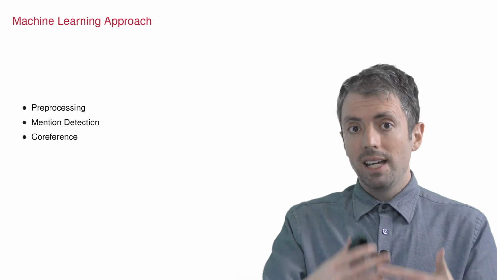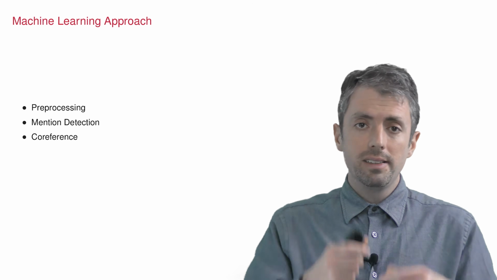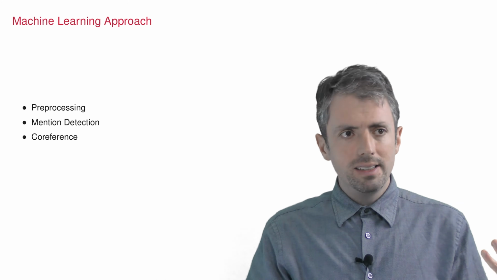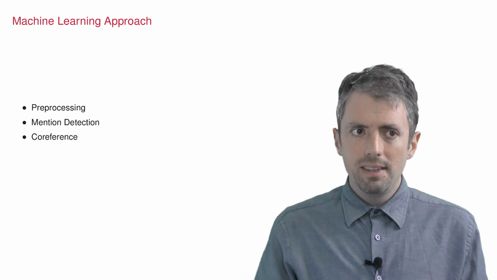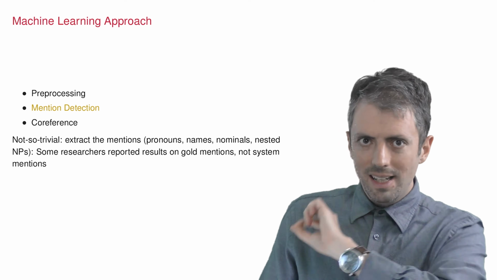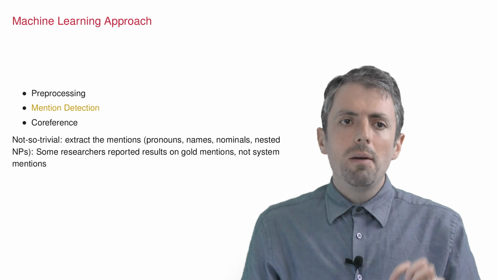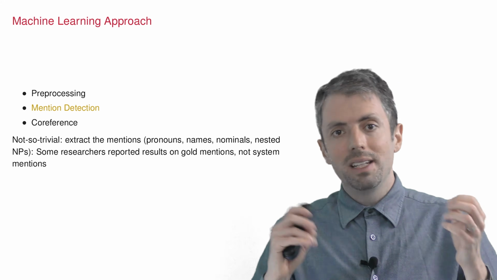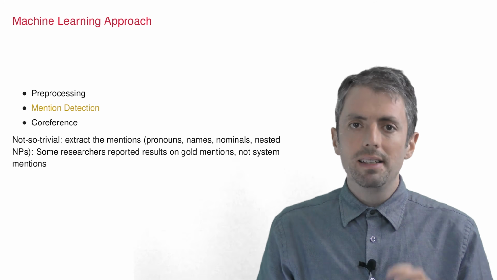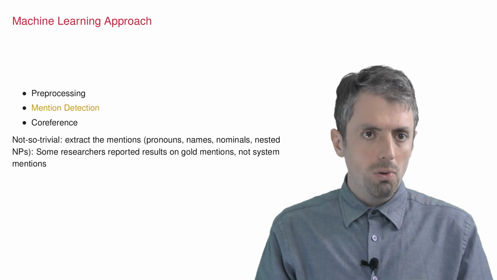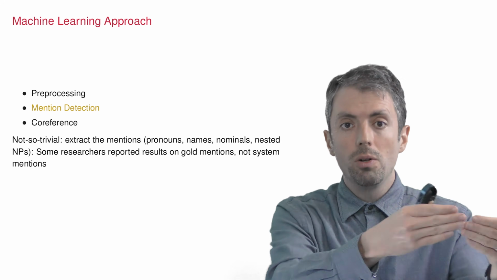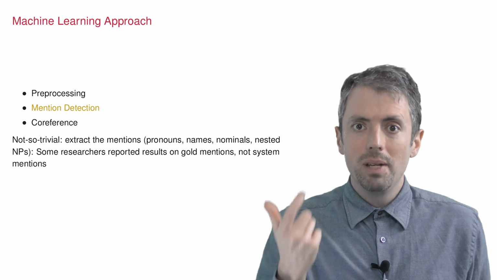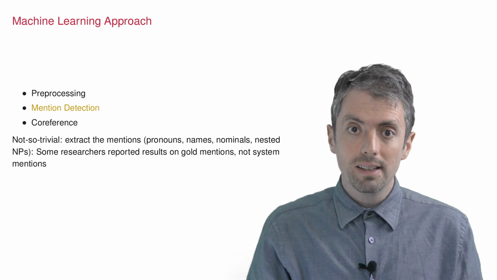One of the problems that held up machine learning approaches is that it was often viewed as a pipeline. You did pre-processing, extracted syntax trees, detected mentions, and then did coreference. This mention detection bit was particularly tricky because you need to know the pronouns, the names, and everything else, and you need to get it exactly right. Many papers only reported results if you use the gold mentions. So for example, what humans found as potential mentions that you then need to do coreference on later.